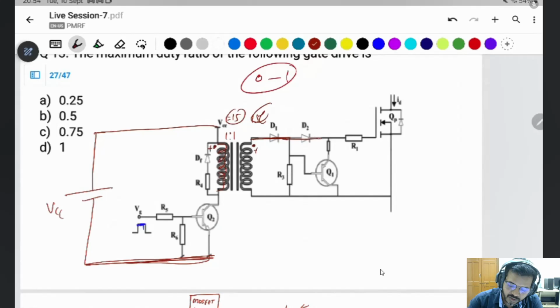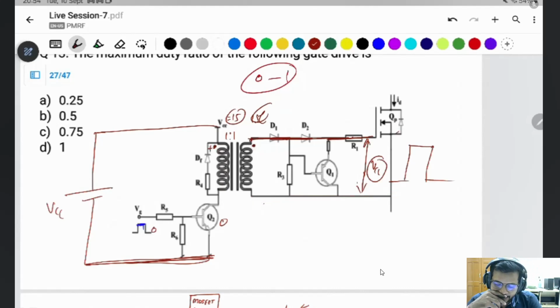The positive terminal will also turn on because of that voltage. So zero voltage, ground voltage, and this is the resistor to limit the current. Then a 15 volt supply occurs here, VGS, and this will turn on like that. What happens? Zero. This will be turned off, zero.